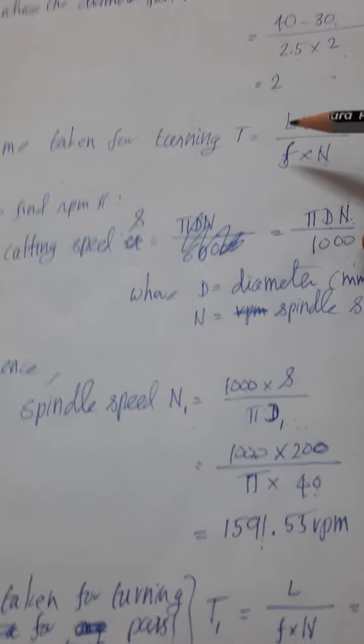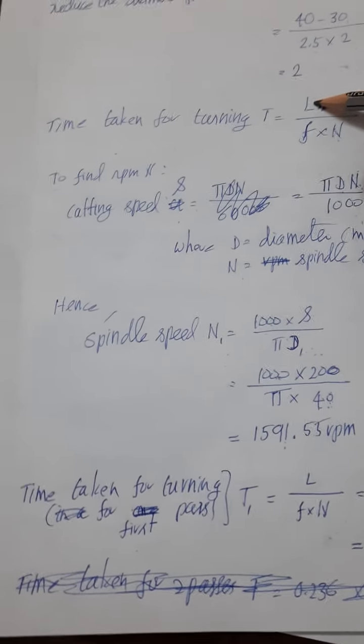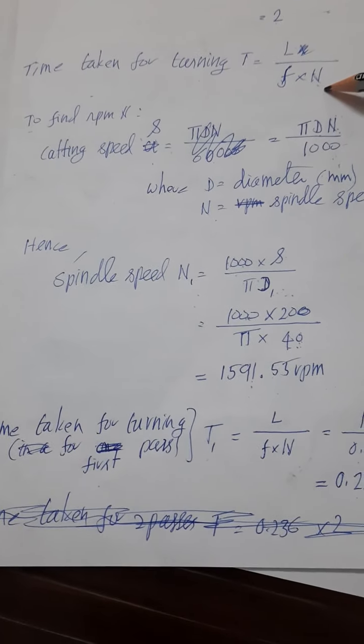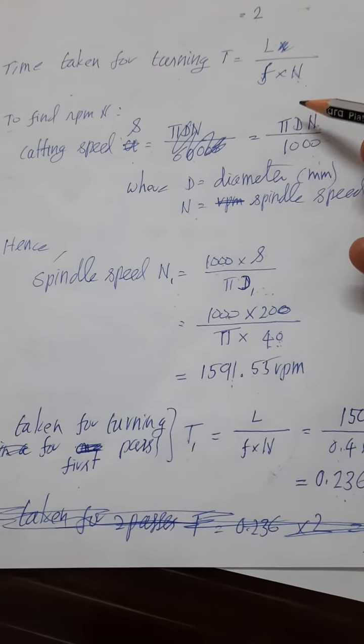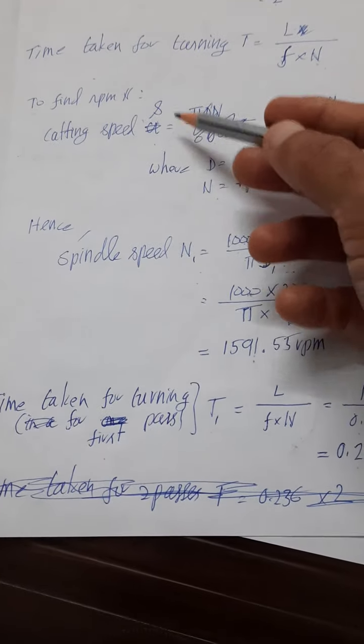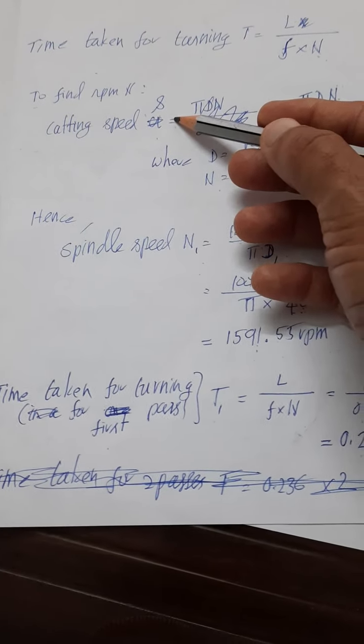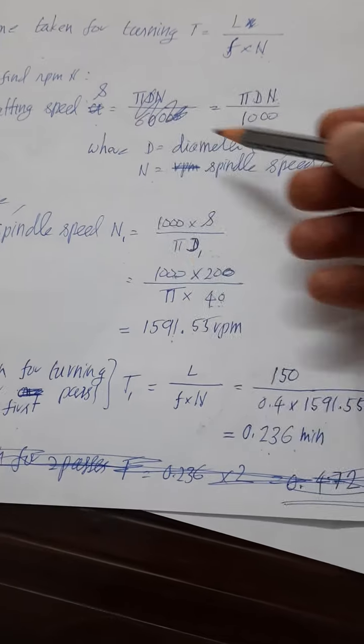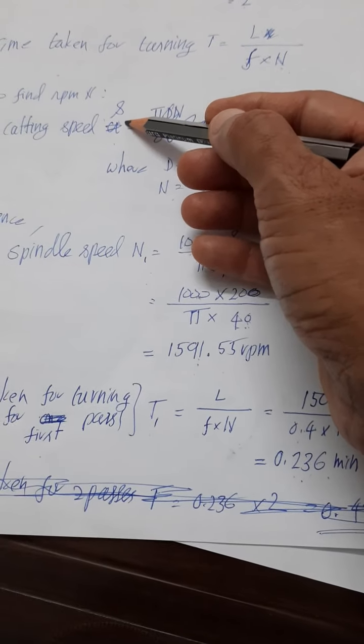So, before you use this formula for finding the time in the first cut, first you have to find the N value. So, N is given by this formula. The cutting speed S is given by pi D N by 1000. Okay. The cutting speed is mentioned in meter per minute.